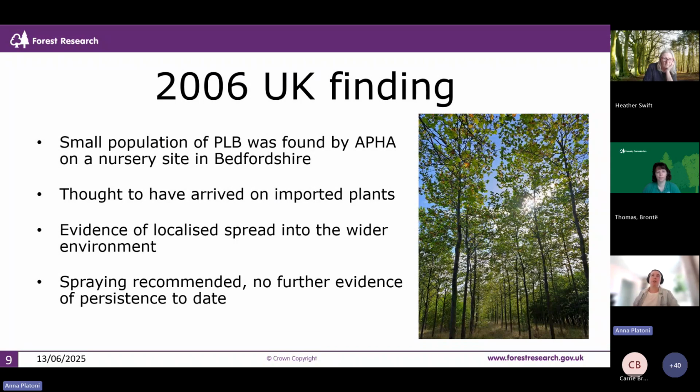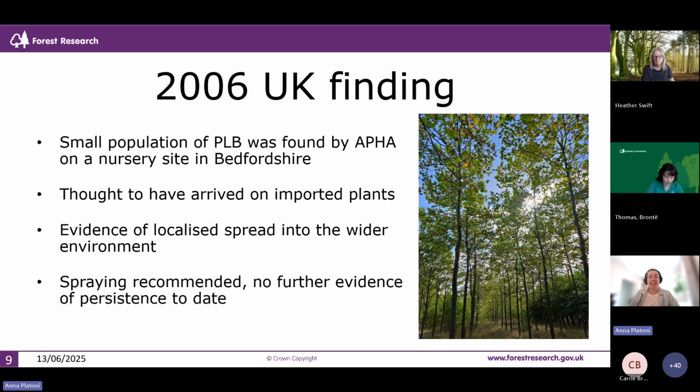It's also possible, a completely untested theory, that because the plane trees they arrived on were very young, and of course plane bark becomes more flaky as they get older, there was a limited number of places for the PLB to overwinter.